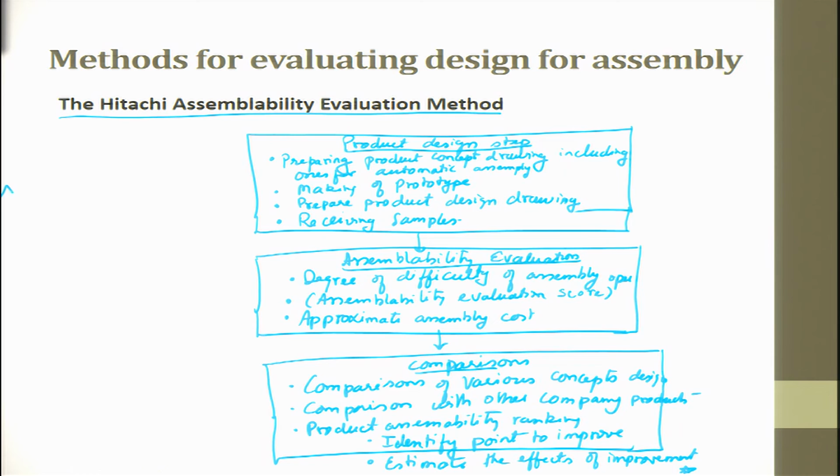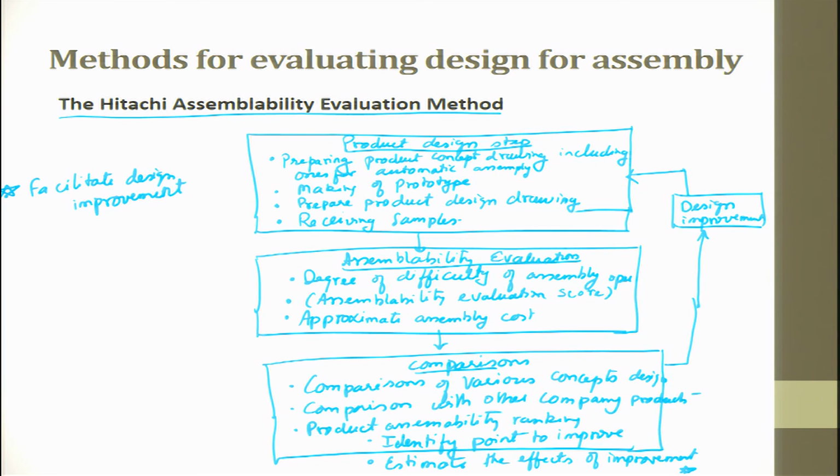Then the last point we will have is facilitate design improvement. Okay. And this process is an iterative process. It goes like this, back to design improvement. So, this is how the Hitachi assemblability evaluation method is done.